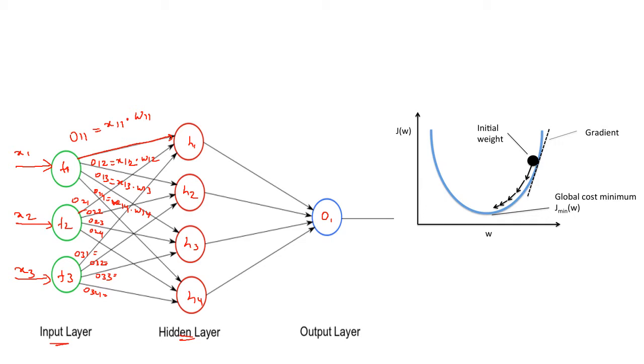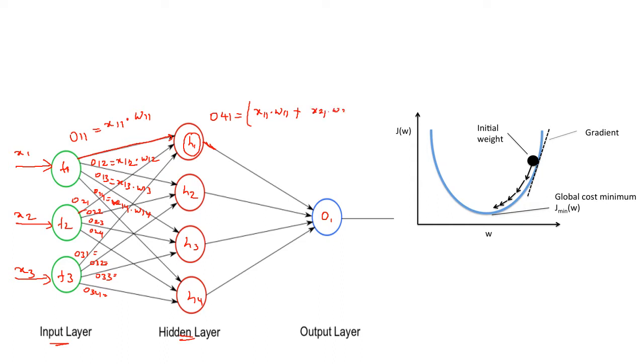When we come to this particular node, what will be the output here? O41, isn't it?